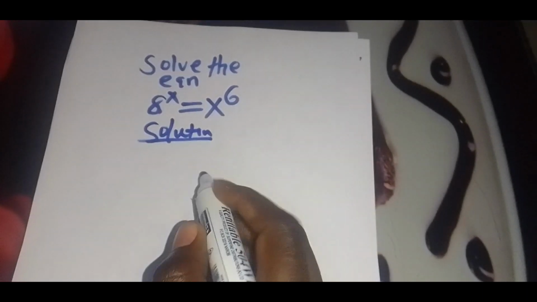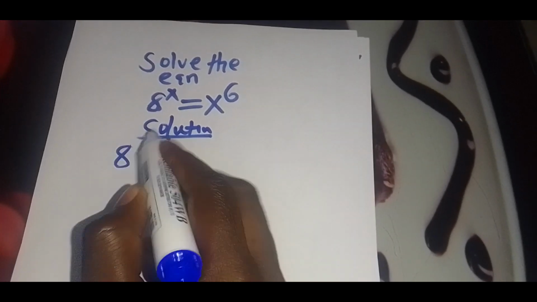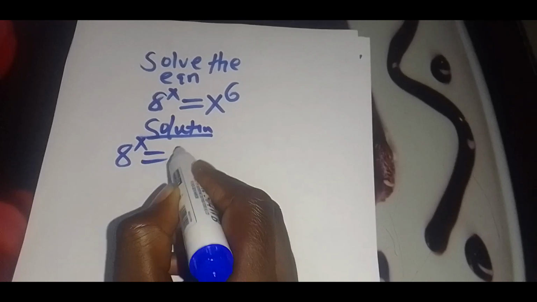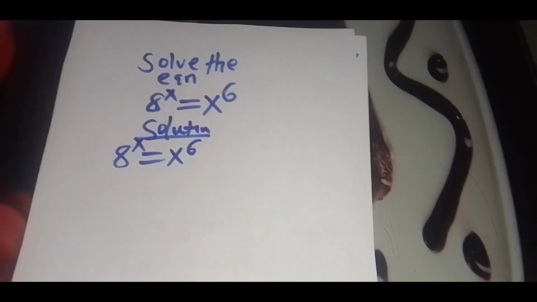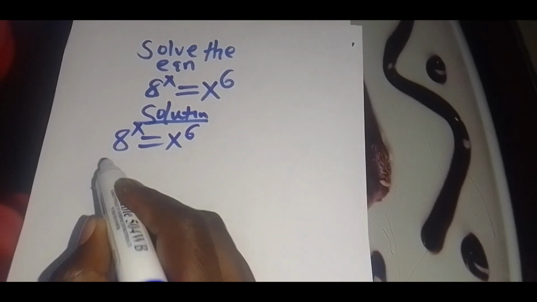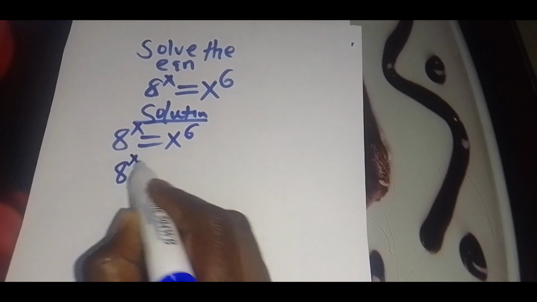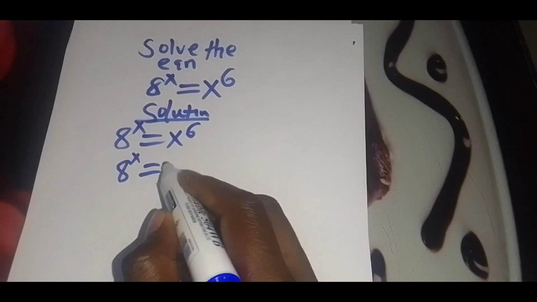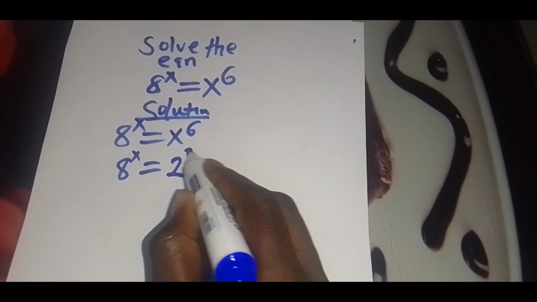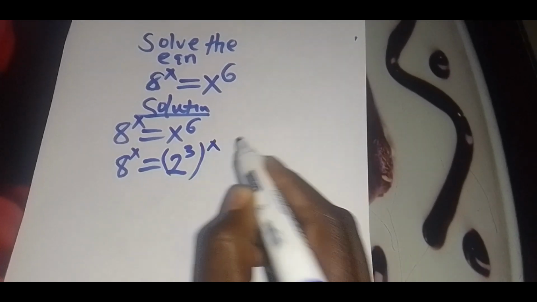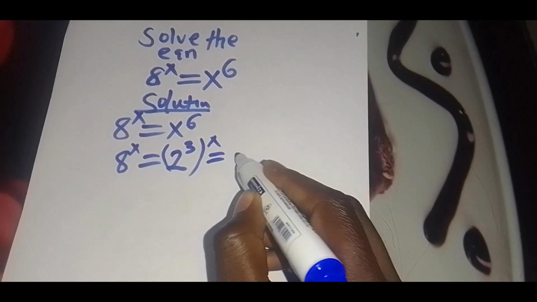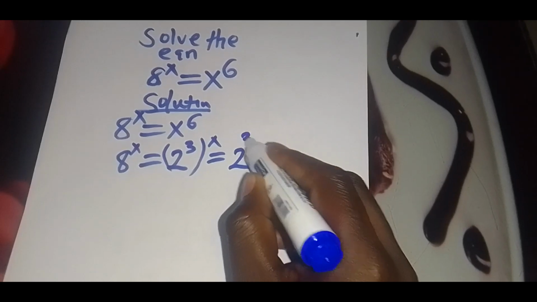Okay, so we are saying that we have 8 raised to power x, equal to x raised to power 6. We can express 8 raised to power x as 2 raised to power 3, multiplied by x, which can be written as 2 raised to power 3x.